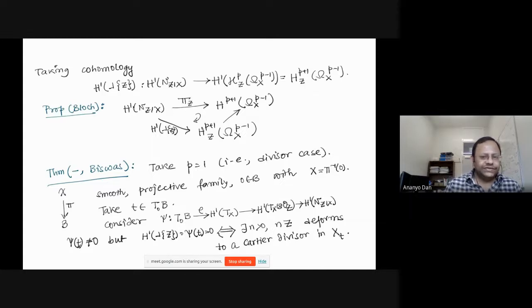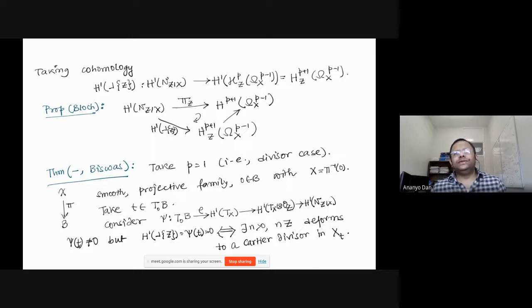Using this, the same semi-regularity map factors through: if you look at H^1, you have this inner multiplication going from the normal bundle of Z in X to this local sheaf cohomology. If you are not used to local sheaf cohomology, you do not need to worry.